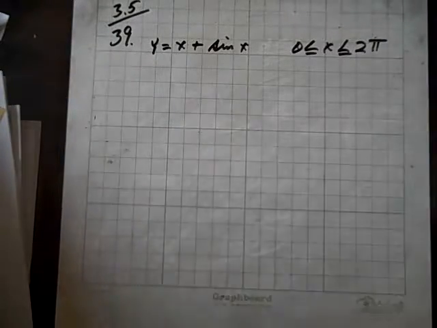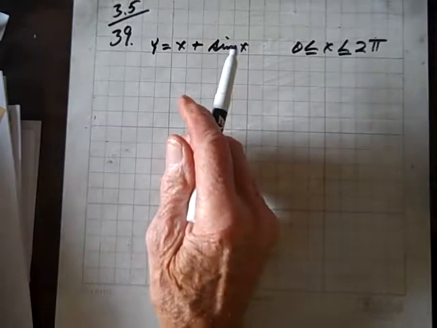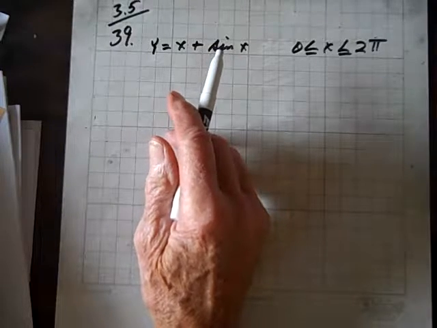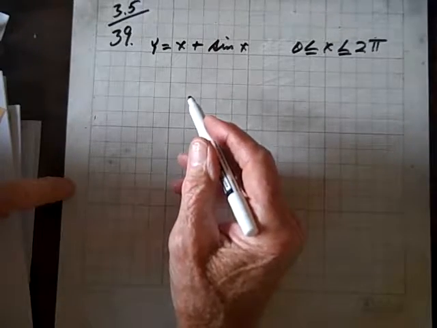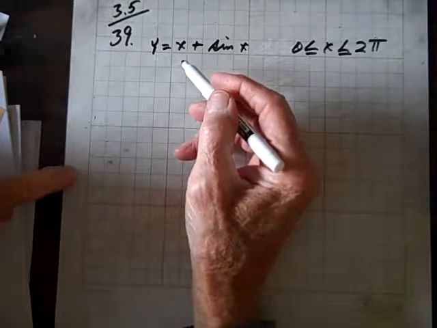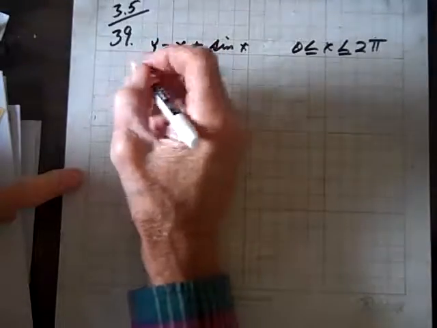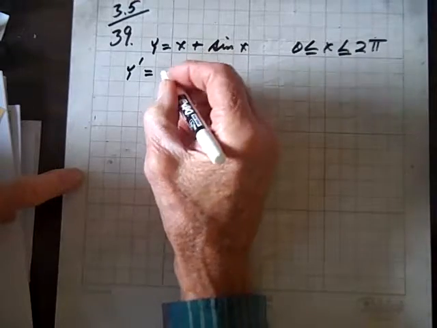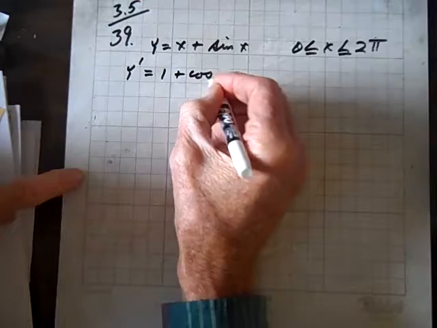Now we're doing question 39, and we have to find the flat spot on this graph if we were to graph it, and if there is one. So how do we do that? Well, we'll take a derivative, set it equal to 0, and if we come up with a solution in this interval, then that's where the flat spot will be. That's where the slope of the tangent line will be 0. So y prime equals derivative of x is 1, derivative of sine of x is cosine of x.